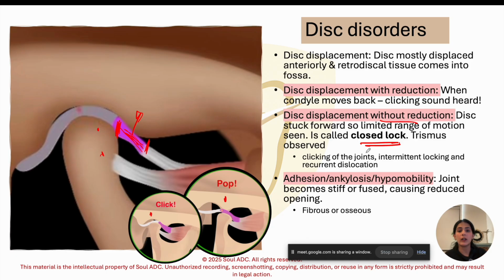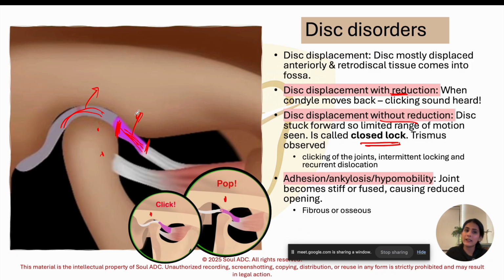One thing for us to know is when we talk about disc displacement with reduction, your condyle is moving, it goes back, and this is your retrodiscal tissue, and there are nerve supplies in this area. So this is going to cause pain in the patient.